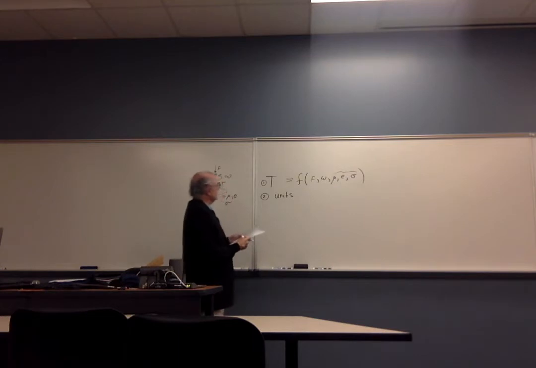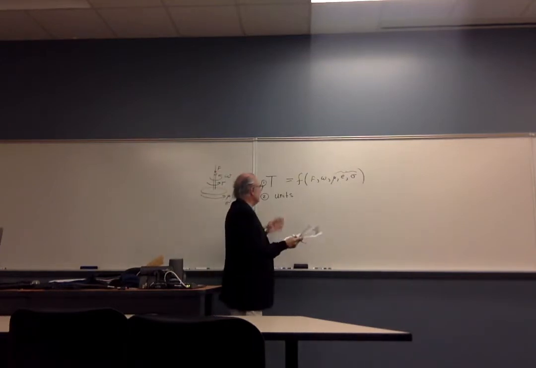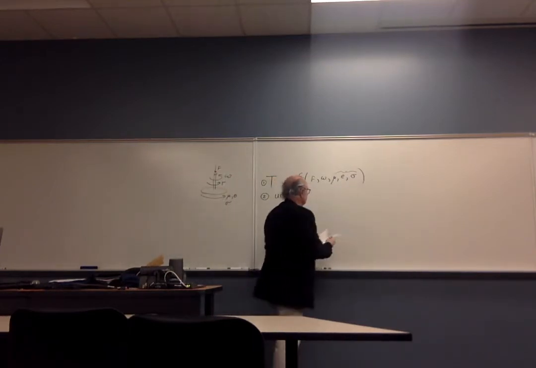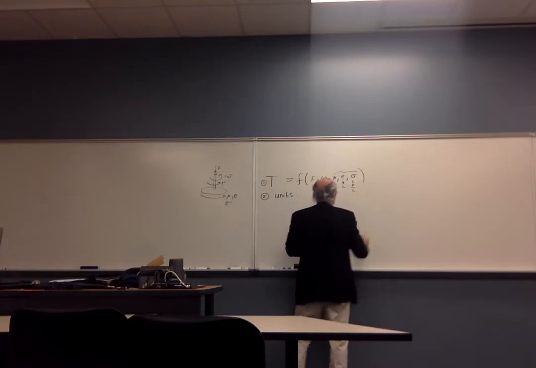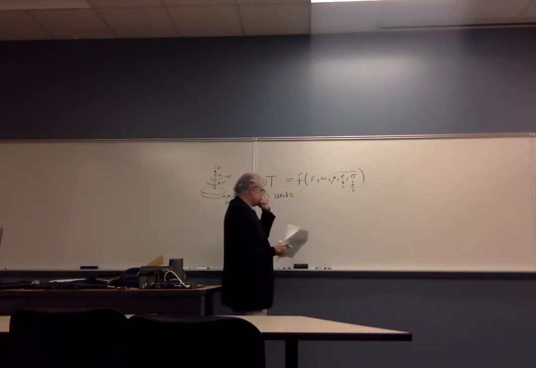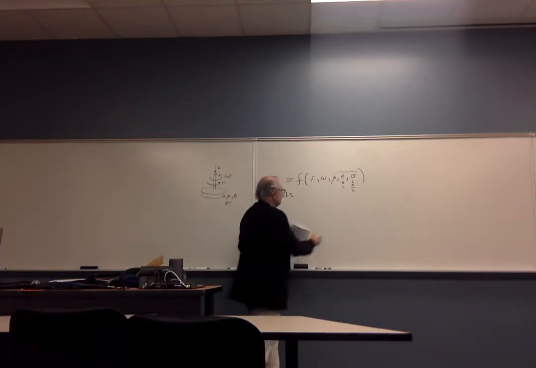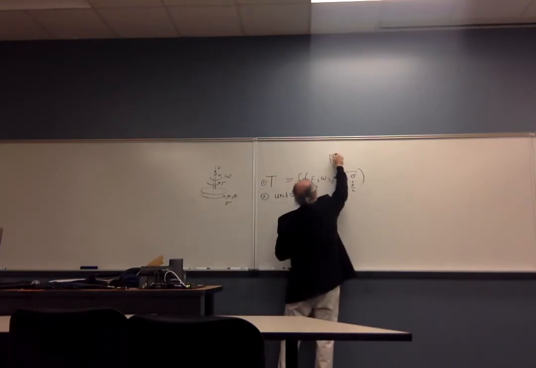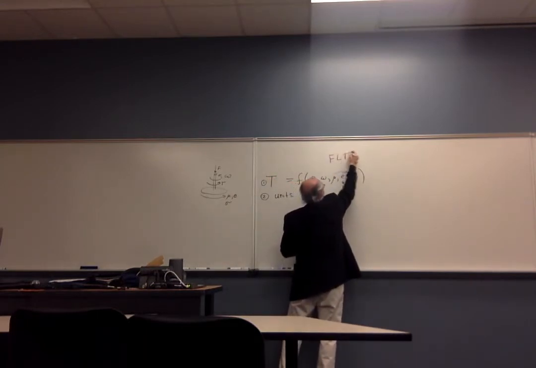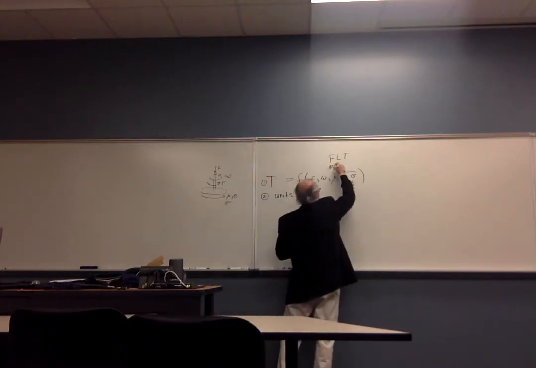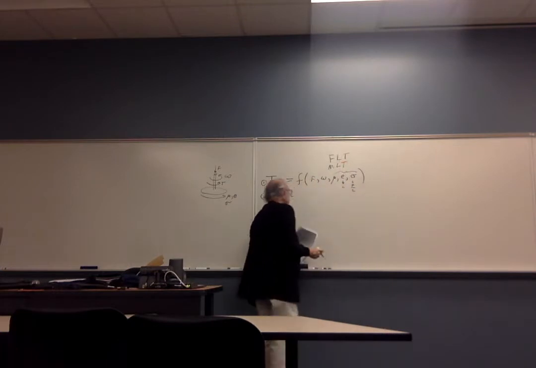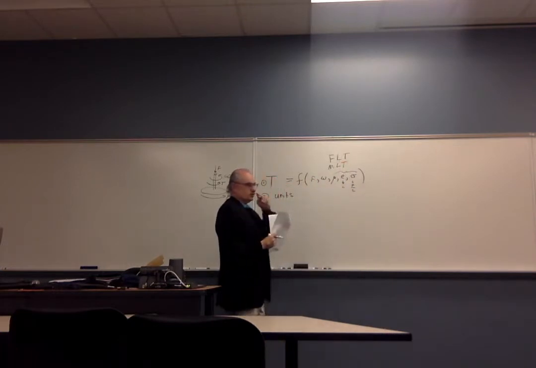Any particular unit here that you're confused about? Surface tension maybe? Well, on a test, surface tension will be given to you. Surface tension is force per unit length. I mean, you could do these problems with force, length, and time if you want. But for some reason, I like M, L, and T. It doesn't really matter, whichever one you like, FLT or MLT.